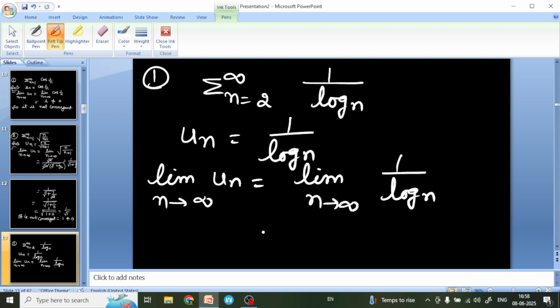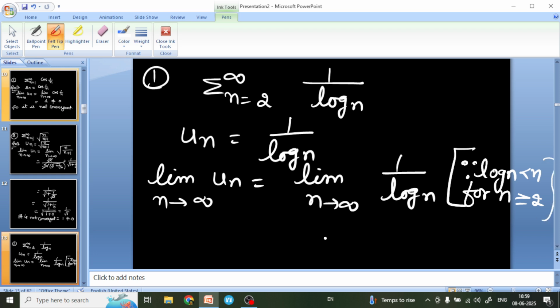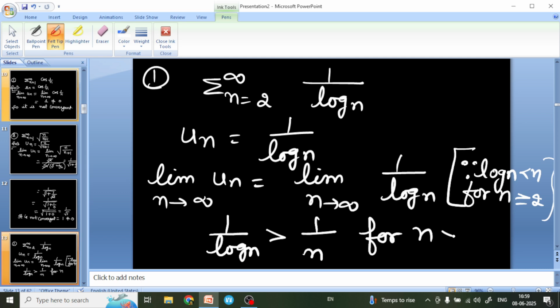Here you know very well that log n is less than n for n greater than or equal to 2. So 1 by log n is greater than 1 by n for n greater than or equal to 2.